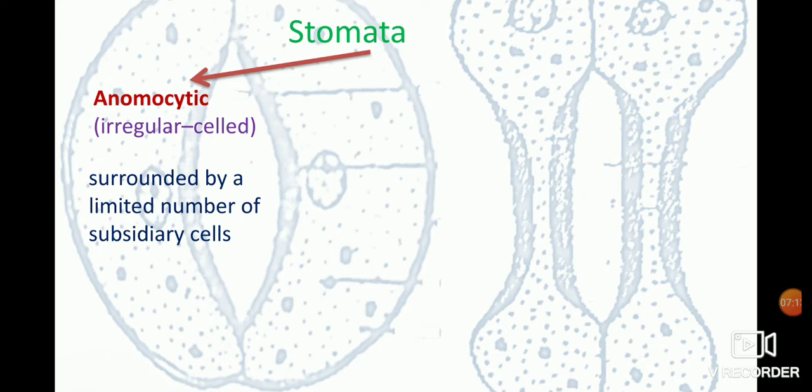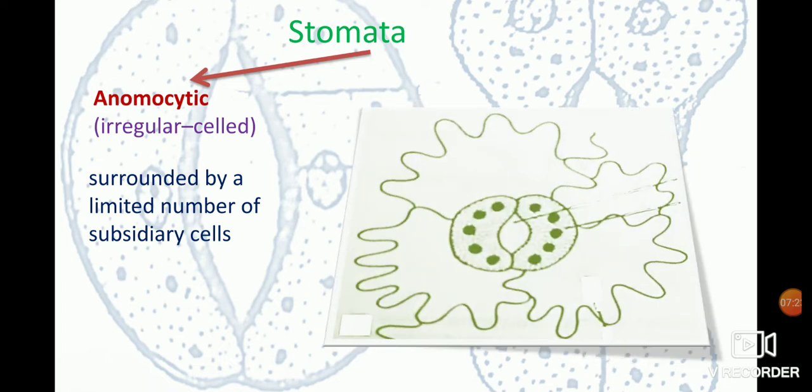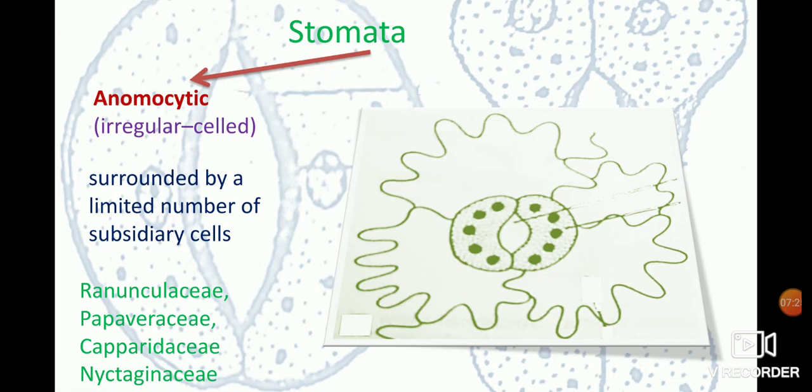So here in the anomocytic type of stomata, the subsidiary cells are indistinguishable from the other epidermal cells. This type of stomata is present in the families Ranunculaceae, Papaveraceae, Capparidaceae and Nyctaginaceae.